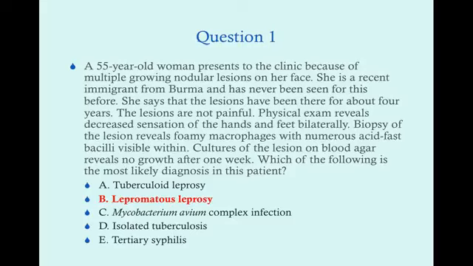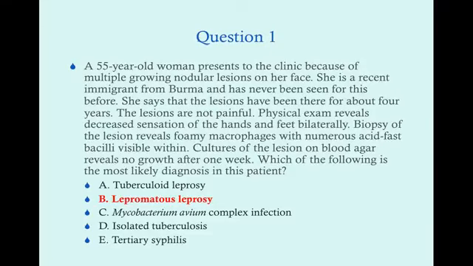It's probably infectious because when you get the biopsy of the lesion, pretty much every skin lesion that you don't know what it is, you're going to biopsy it. And when you get the lesion, you see that there's macrophages and there's bacteria inside the macrophages. So that's a pretty good indication that this is an infection. Now, what kind of bacteria are inside the macrophages? Well, it's acid-fast bacilli.